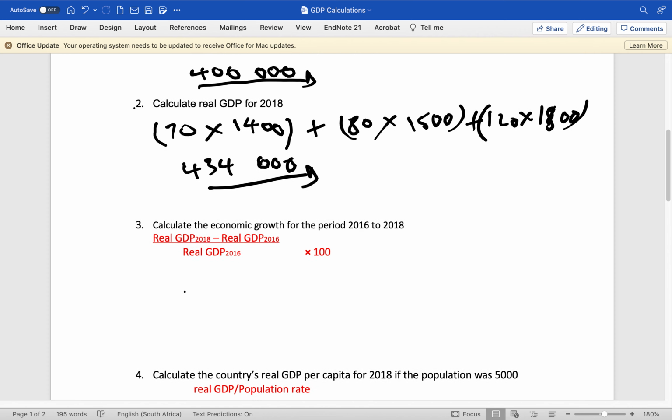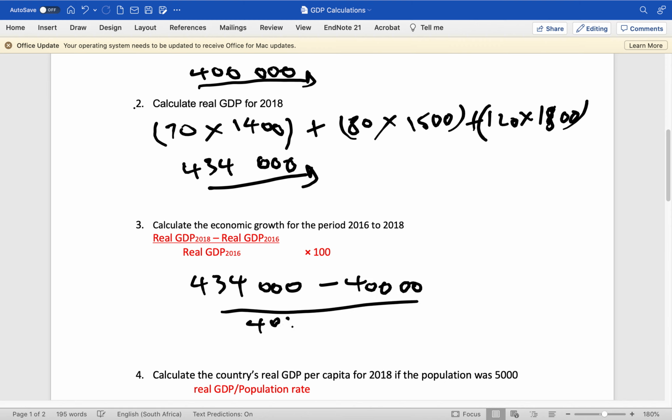So now your real GDP for 2018 is 434,000. So I'm just inserting these values. I'm using this formula, right? I'm guided by this formula here. Minus 400,000 divided by 400,000 times 100.